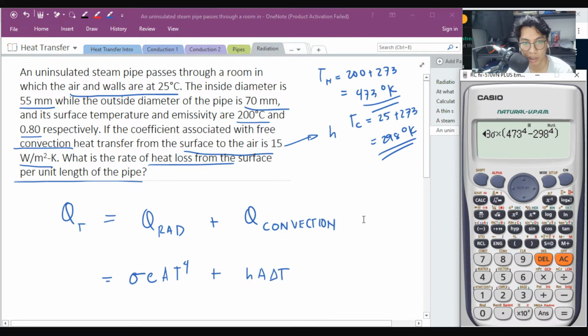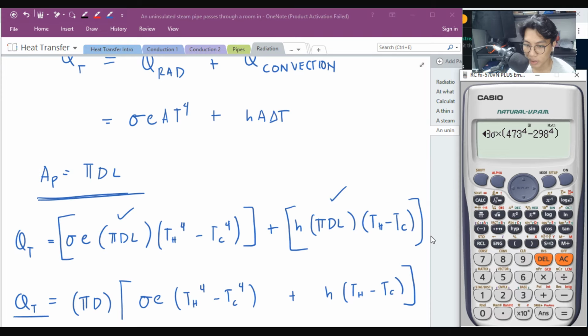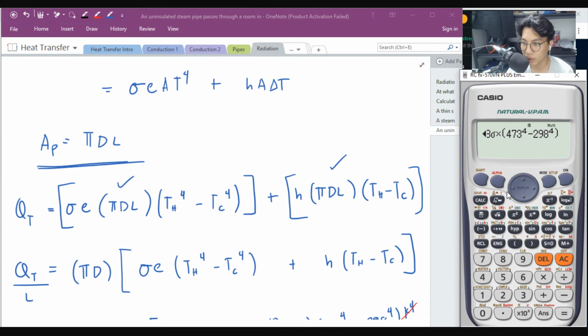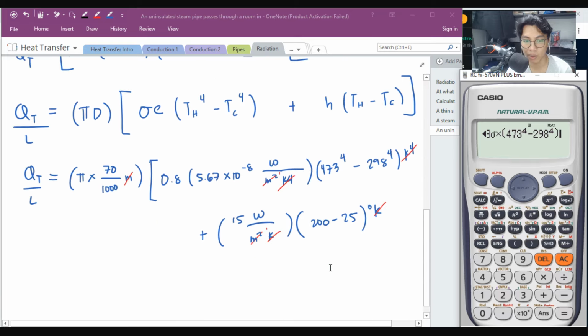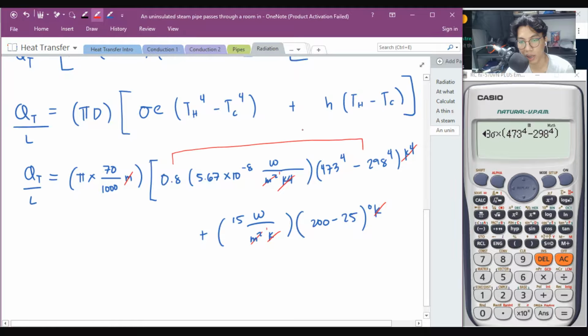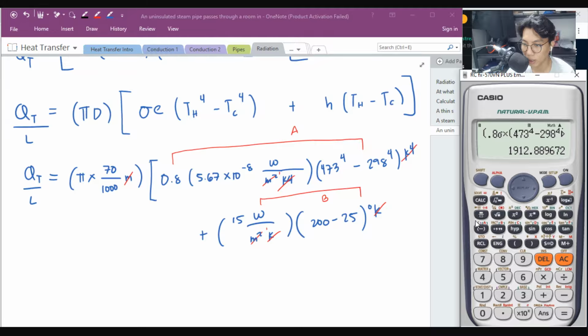Wala naman binigay na length. Okay, okay na yan. And then, ito muna, gagawin ko dito, yung loob, itong buong to gagawin kong A, itong buong to gagawin kong B. Equal natin. Store the value at letter A. Tapos itong susunod, 15 times 200 minus 25, 175 na lang. Mental math na yan. Store natin kay B.